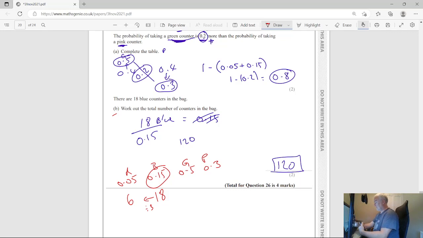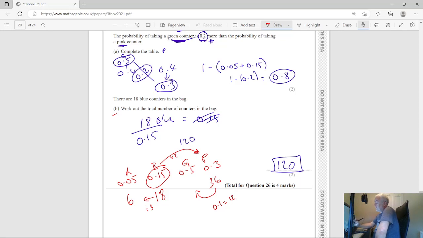To get from blue to pink, I'm timesing it by 2. 18 times by 2 gives me 36. Now to get from 0.3 to 0.5, slightly more difficult to think about, but if I can get down to 0.1, divide that by 3, that gives me 12. So 0.1 equals 12.